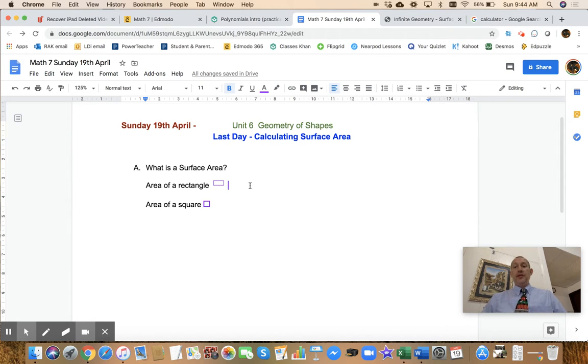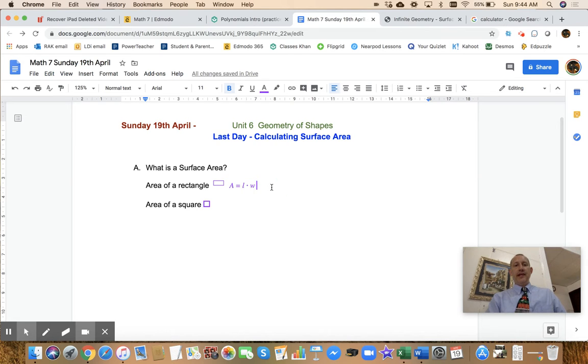Let's remind ourselves, because surface area is all of the areas that are on the outside of a surface, what is the area of a rectangle? Well, a rectangle is length times width. See, if I was to turn it this way, the length times the width.